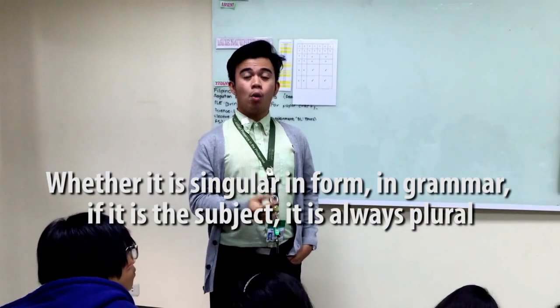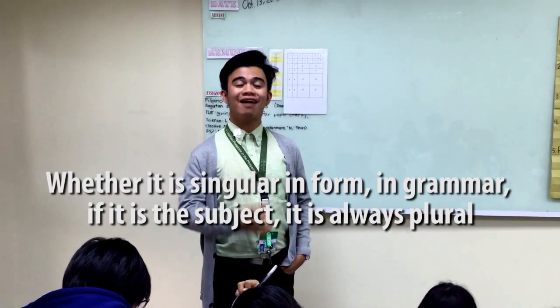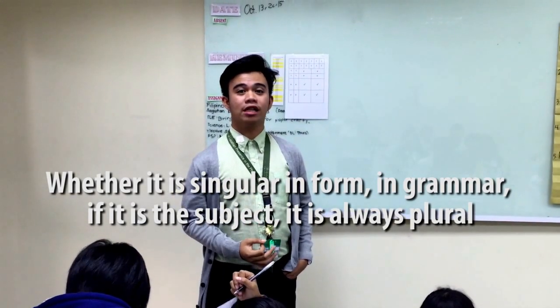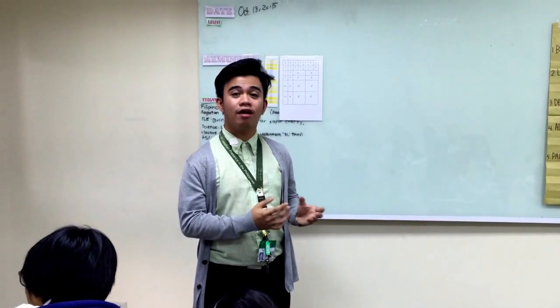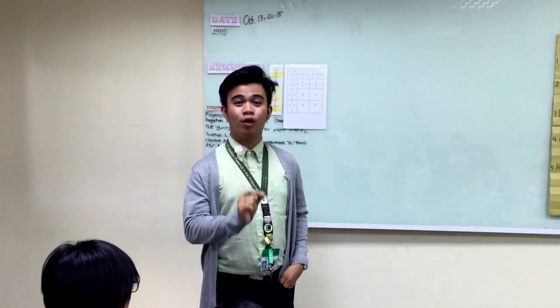Because I, whether it's singular in form, when it functions in grammar, we always have it received as plural. So the verb love will never be in its singular form, because I and you are plural in terms of function and grammar.